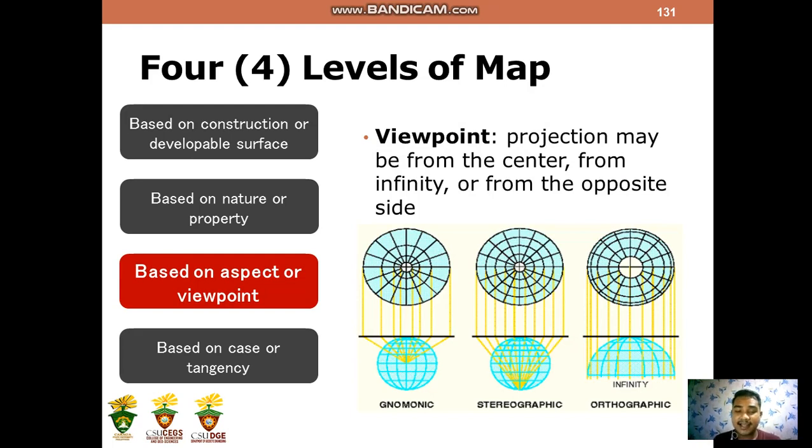As I discussed earlier, when the projection viewpoint is at the center, the Earth, it is called gnomonic. When the viewpoint is from the opposite side of the plane, it is called stereographic. When the viewpoint is from infinity, the rays are just straight, so it is called orthographic.